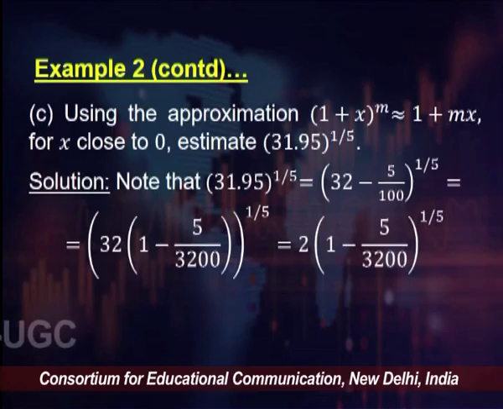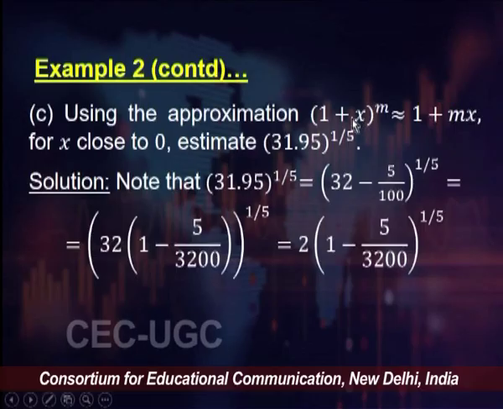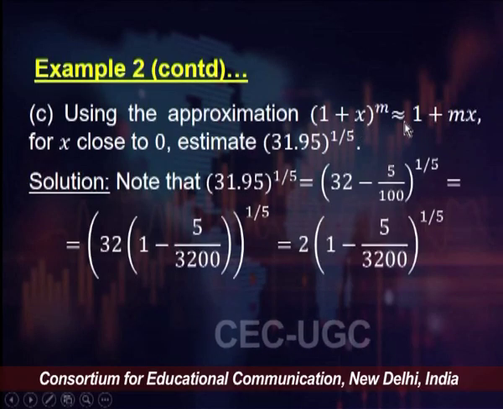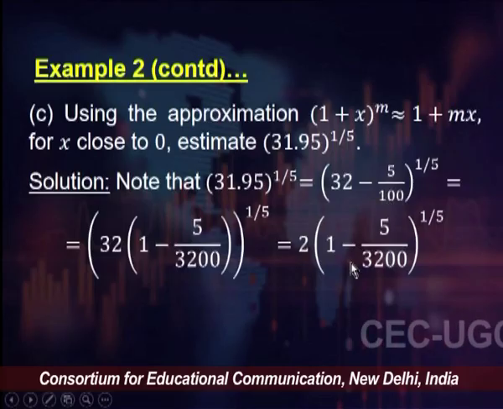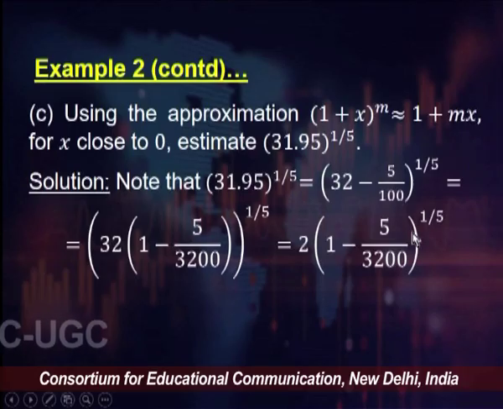Again, we are able to now use the result 1 plus x to the power m approximately equal to 1 plus mx, because x is now close to 0. Here, x is minus 5 by 3200 and our m is 1 by 5.